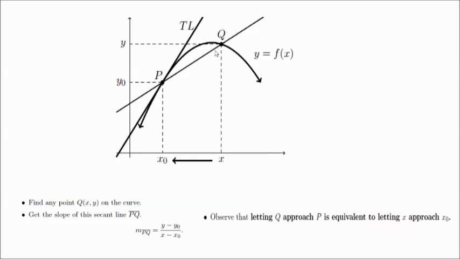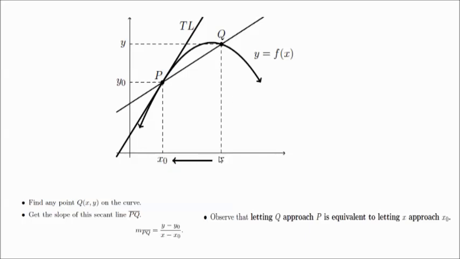For that particular line, we can get the slope using the earlier formula. Then we can get the slope of the tangent line by limiting this slope as x approaches x sub 0.